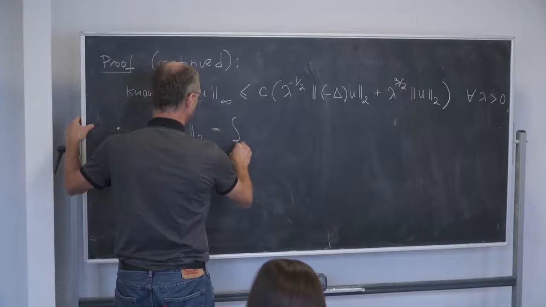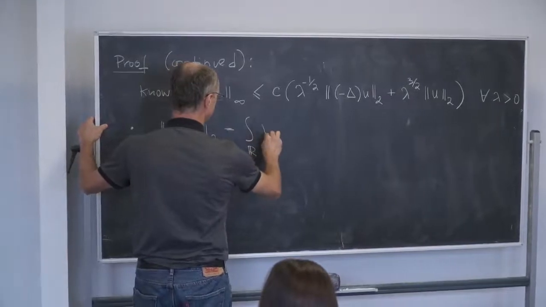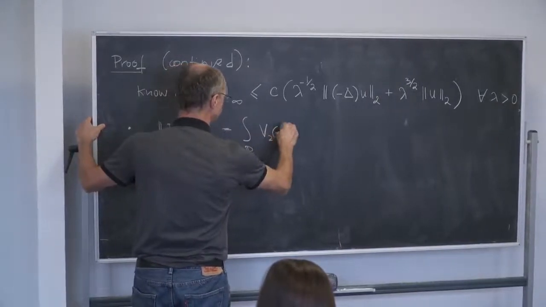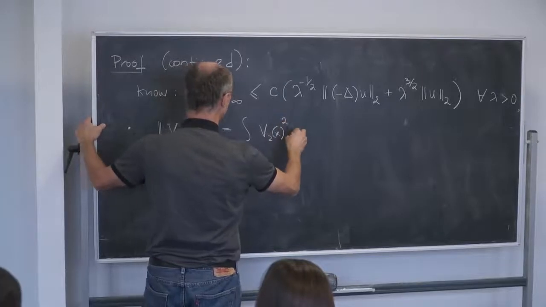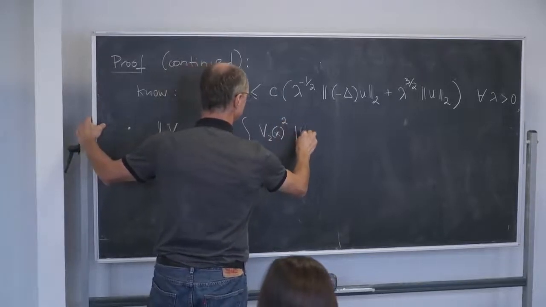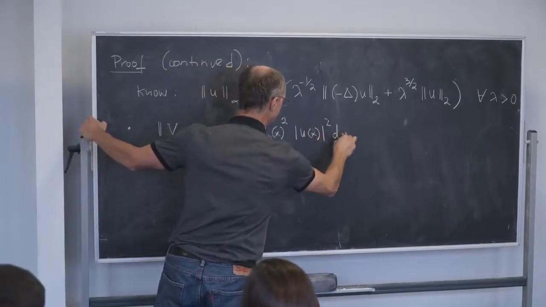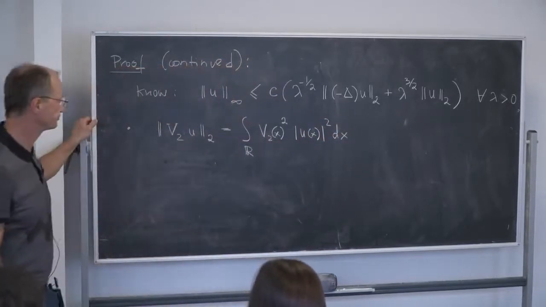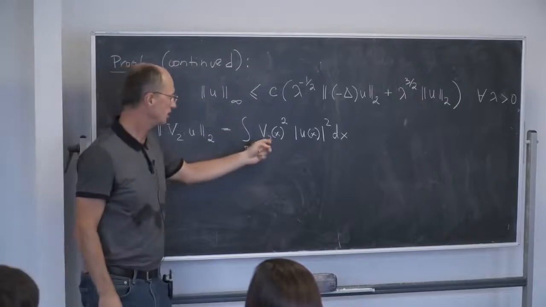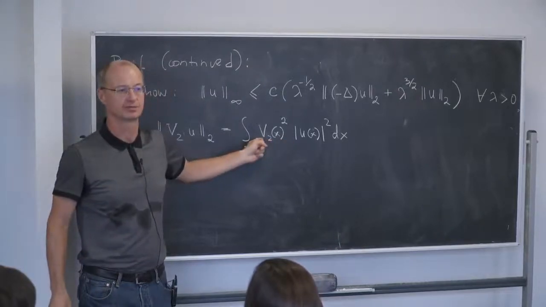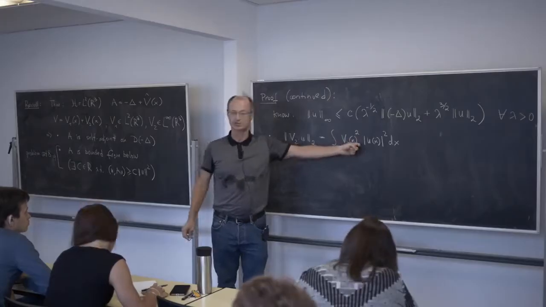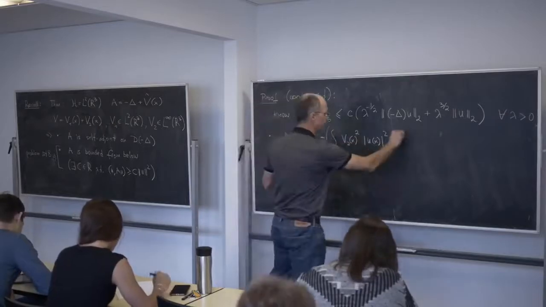So that's just an integral over R3 of V2 of x squared times the absolute value of u of x squared dx. And V2 is bounded, so we can estimate it.